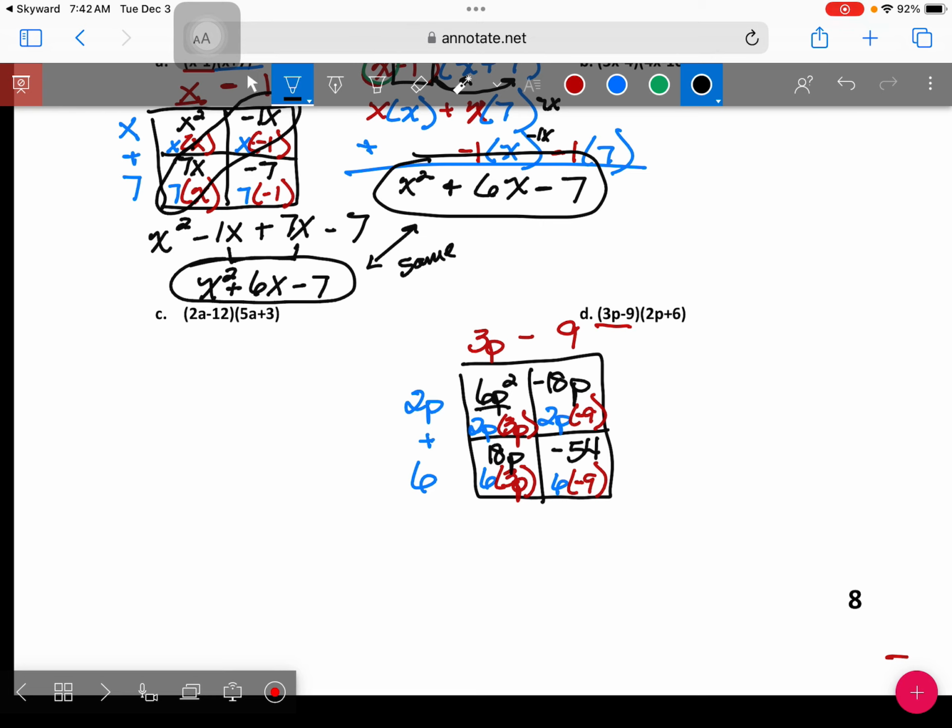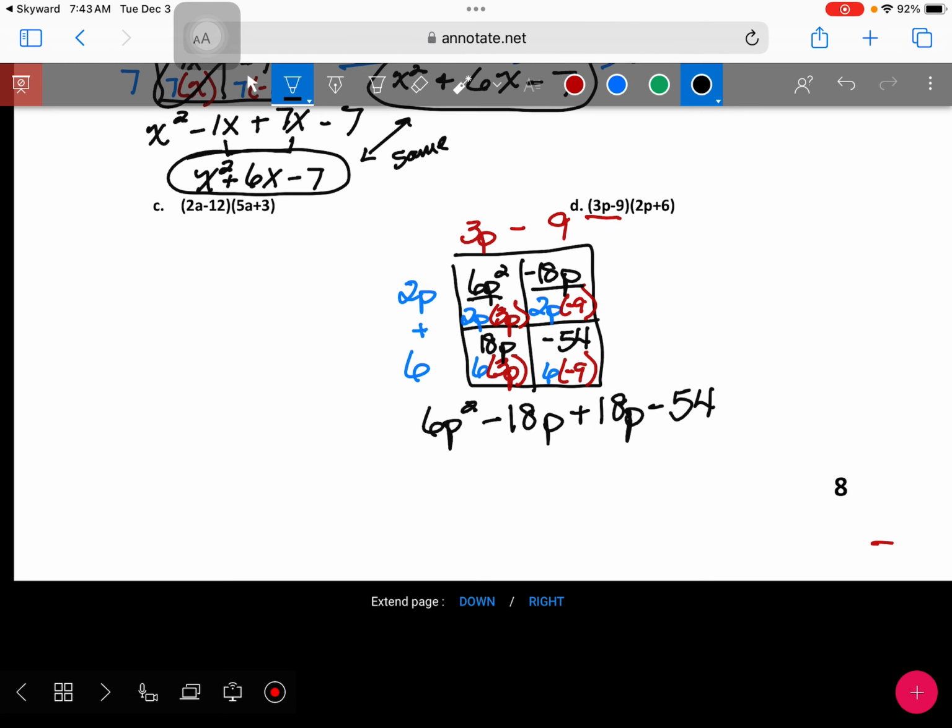So all of these you write down. I have 6p squared minus 18p plus 18p minus 54. So these two are like terms. Now, what is -18p plus 18p? 0. Is it 0p?